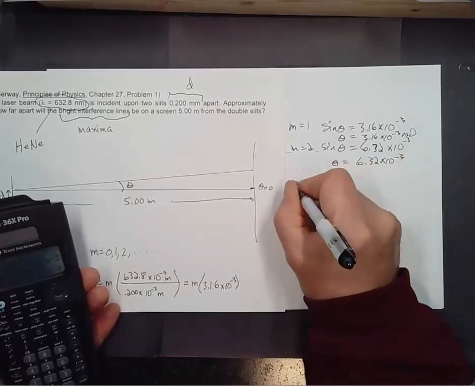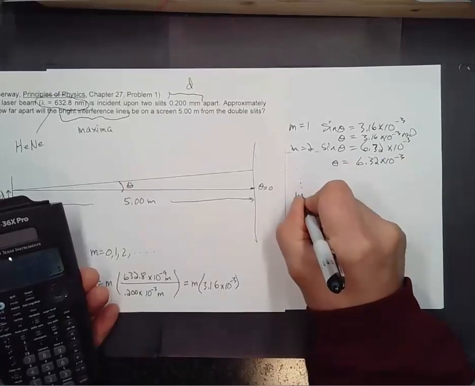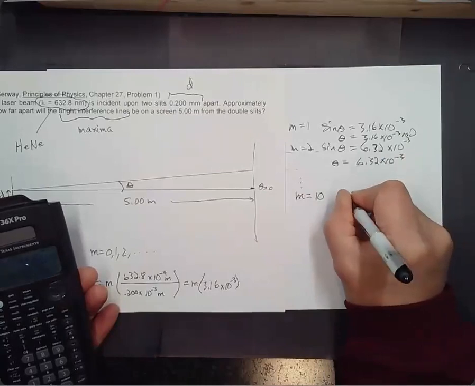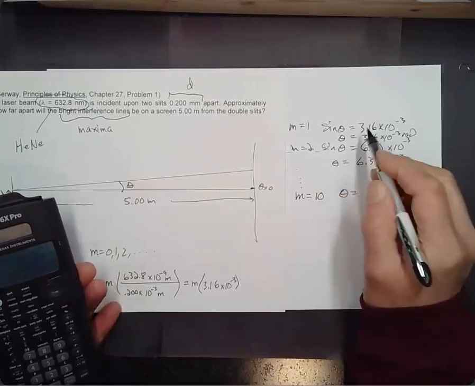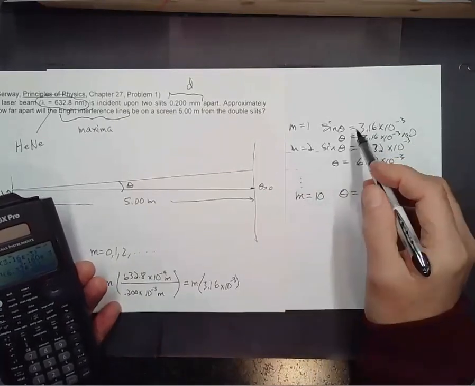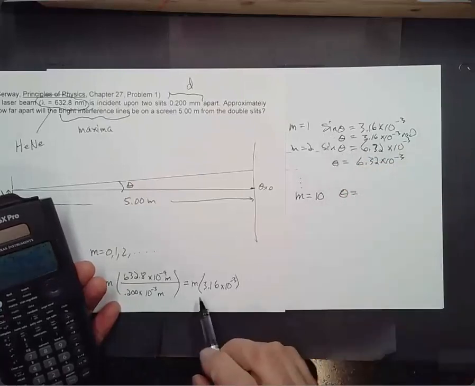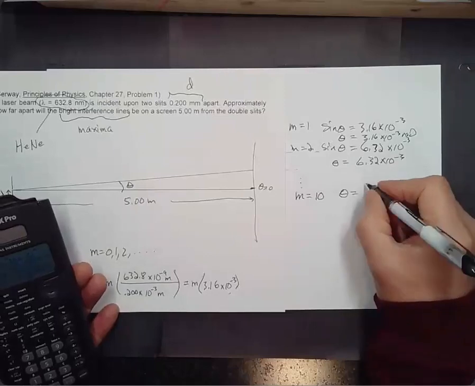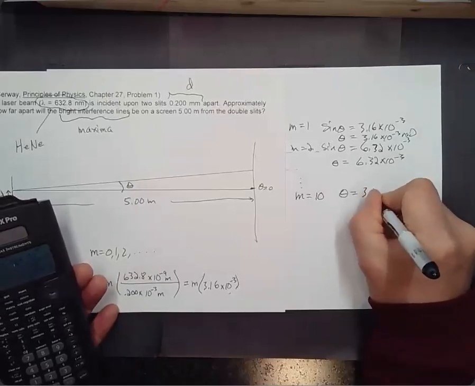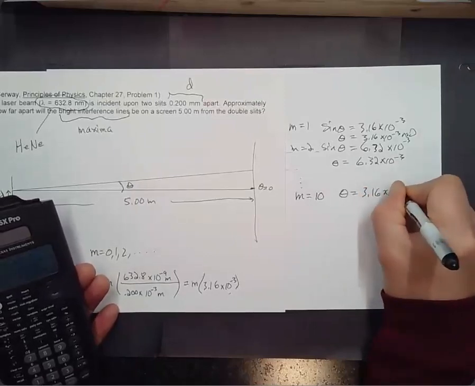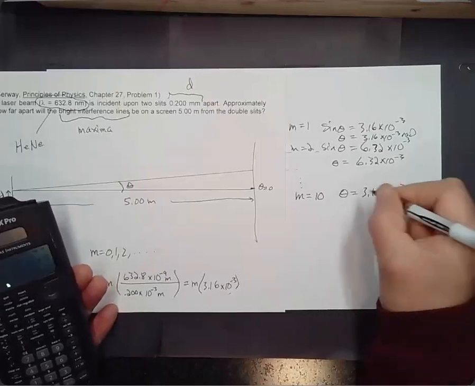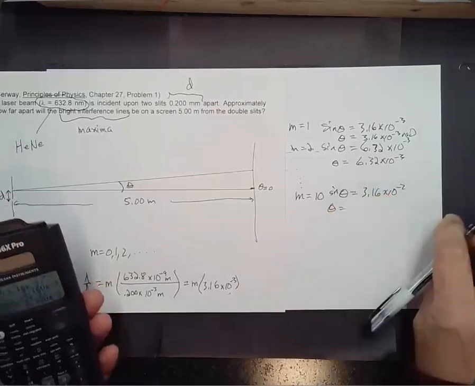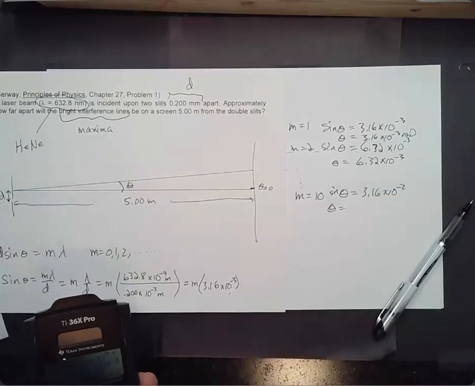Well, let's let m equal 10 and see what we get here. So in that case, remember, sine of theta is m times that stuff. So I'd get 3.16 times 10 to the minus 2. Whoops, no, that's the sine of theta. Theta itself, I'll just plug that in and see what I get.